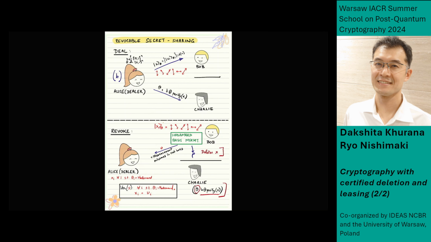It is not important that we choose the Hadamard basis here. Of course Bob can use computational basis measurement, and then at some point we use Hadamard basis measurement in another place.